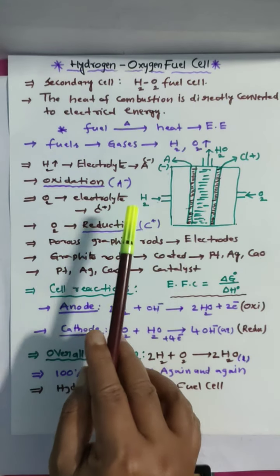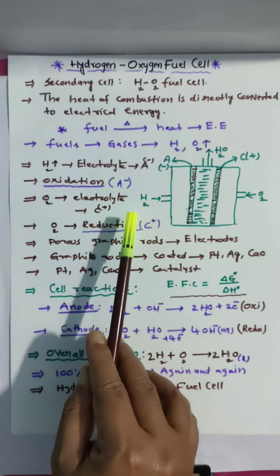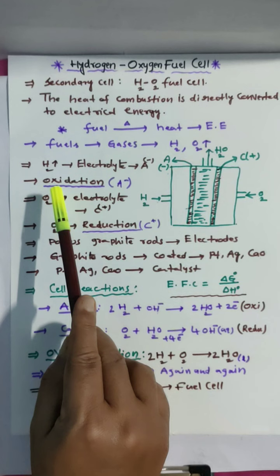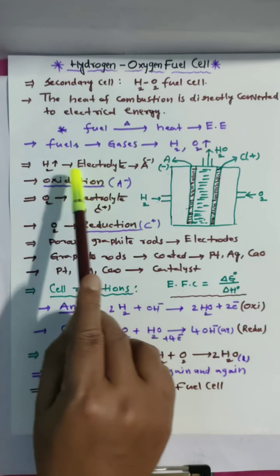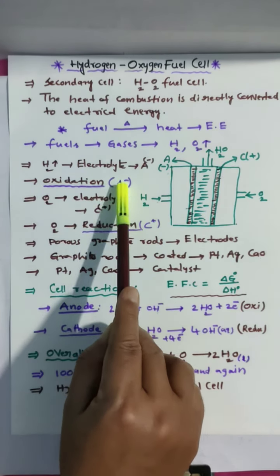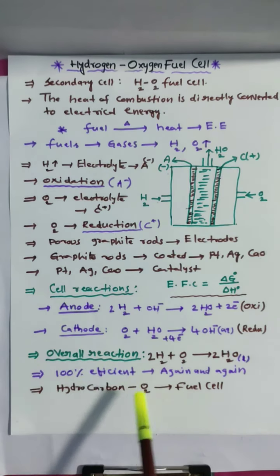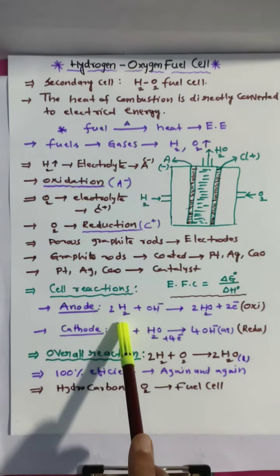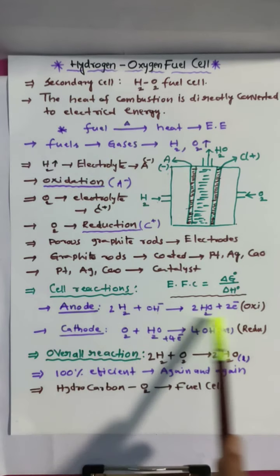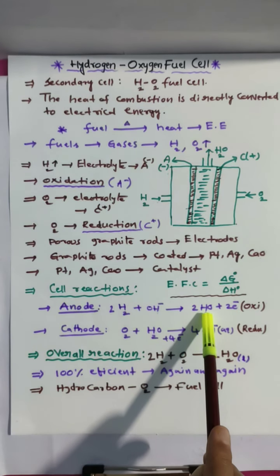And here the main concept is cell reaction. See, hydrogen undergoes oxidation at anode, oxygen undergoes reduction at cathode. So at anode, hydrogen undergoes oxidation to water.